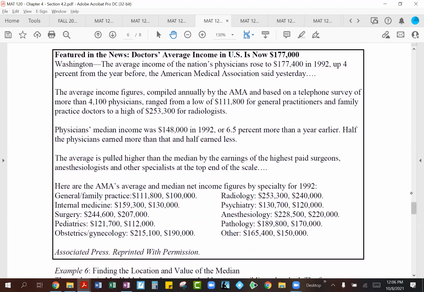Here was a nice example that your textbook had featured, about the average income for doctors. You can see how they're talking about using the average and the median net income figures to show you, based on which specialty the doctor is in, what their average is.